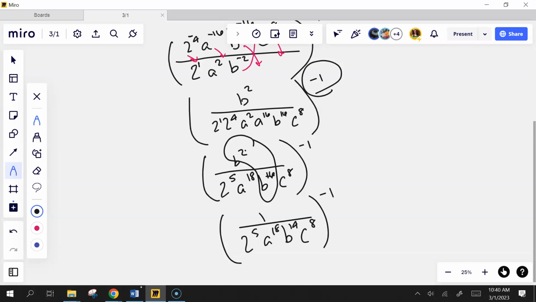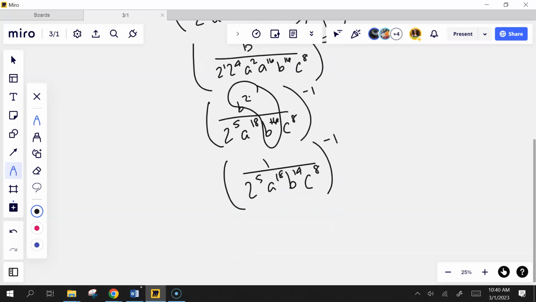And all a -1 does, you can distribute it to everything, but all a -1 does is flip. It flips everything. So this would just become 2, A to the 18th, B to the 14th, and C to the 8th. It just moves everybody up top. So anytime you see a -1, just remember all you gotta do is flip the fraction.